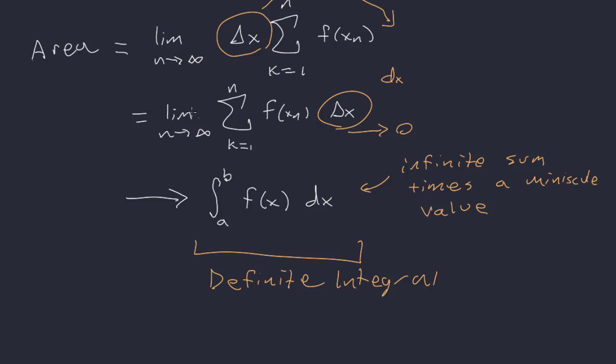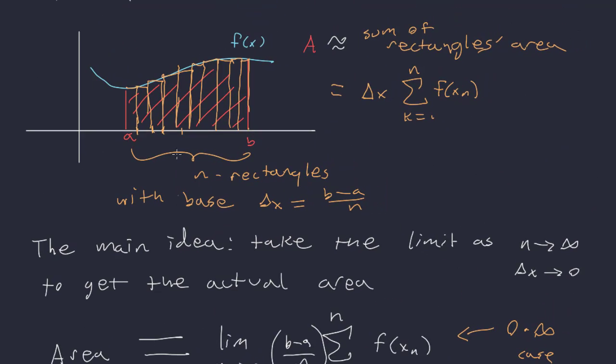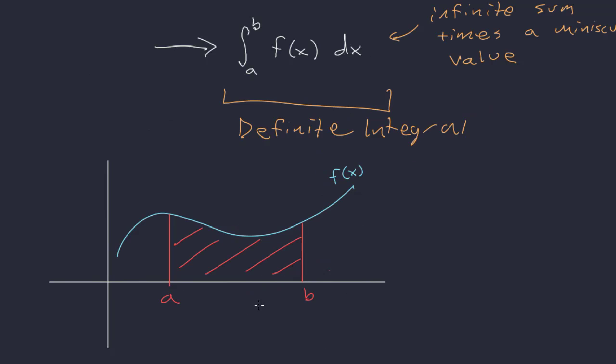All right, and that definite integral is actually equal, all the way up here, to the actual area beneath the curve. Right, so to give you a graph, the actual area beneath the curve, or between the curve and the x-axis, is actually equal to this definite integral from a to b of f of x dx.